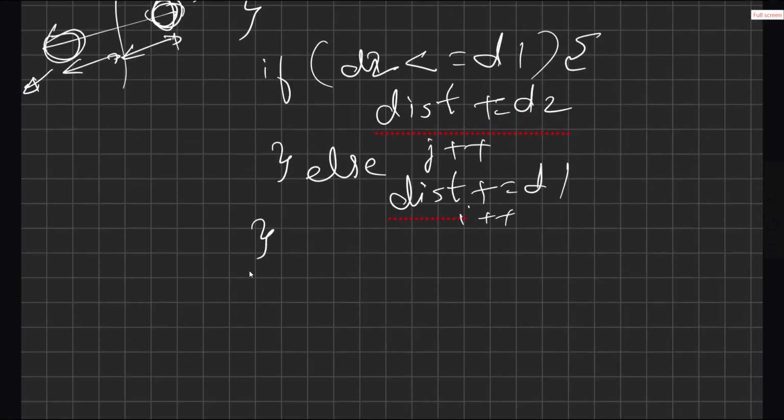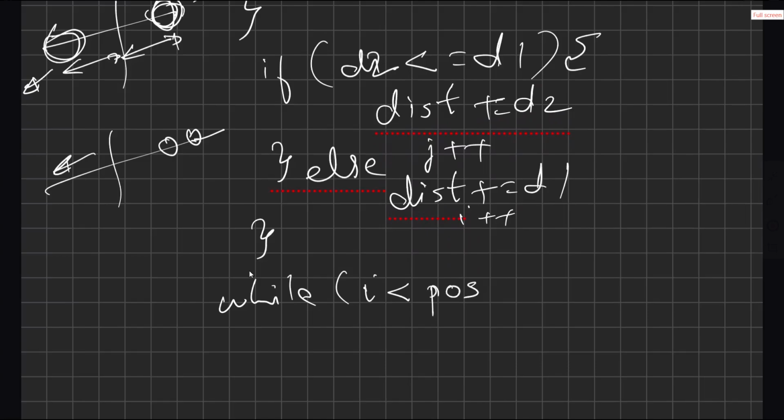And then it may happen that you had one cookie here and three cookies here, and you have picked up this cookie, and then this cookie, and there are two remaining cookies. We don't have any cookie on the left hand side to compare. So in that case, we'll have to again check if your i is less than, sorry, i, correct, i is basically pointing to the positive side.